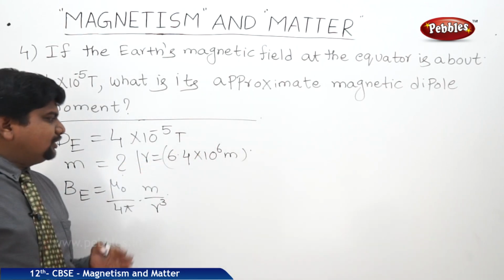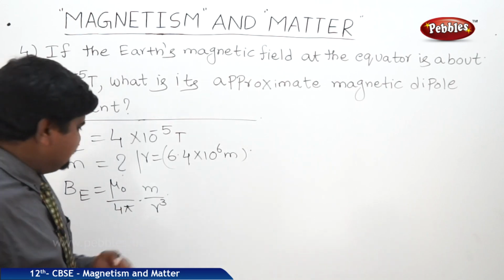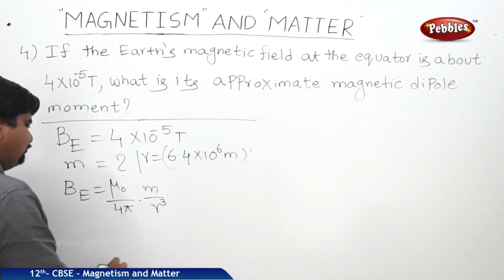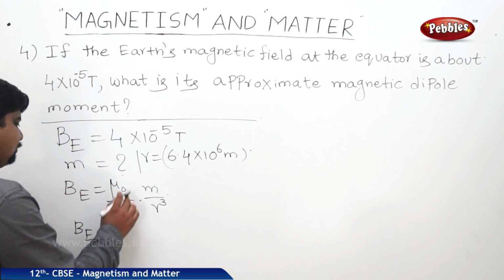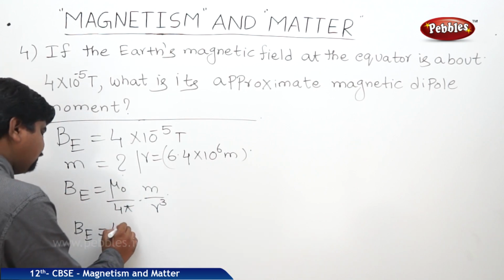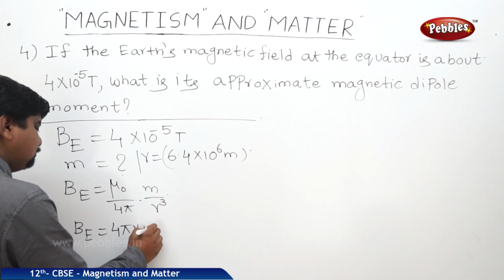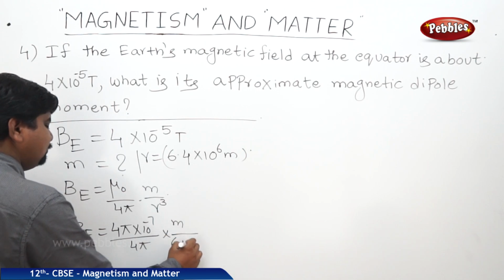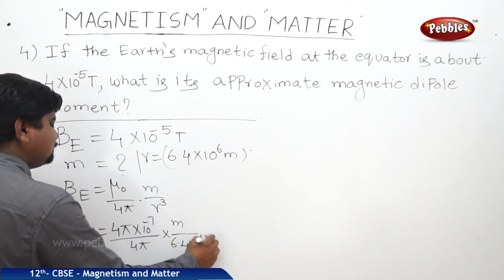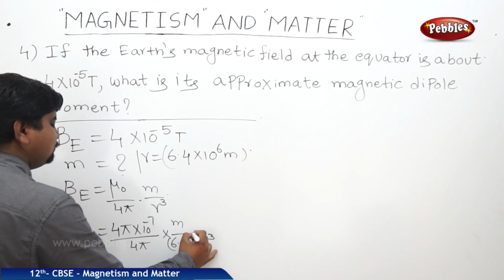So we should find out the M value. So BE is equal to mu naught, which is 4 pi into 10 to the power of minus 7, by 4 pi into M by 6.4 into 10 to the power of 6 whole cube.